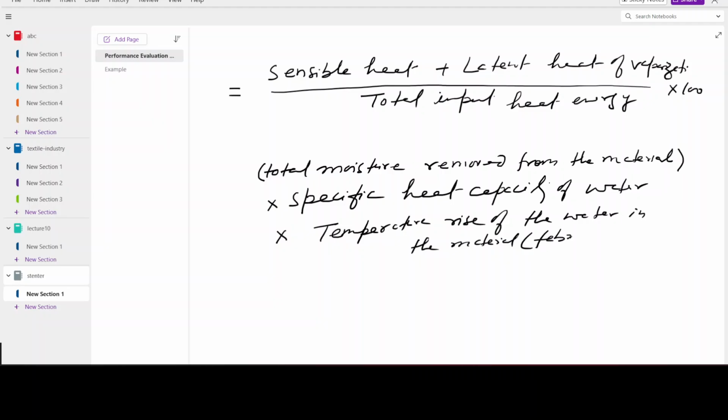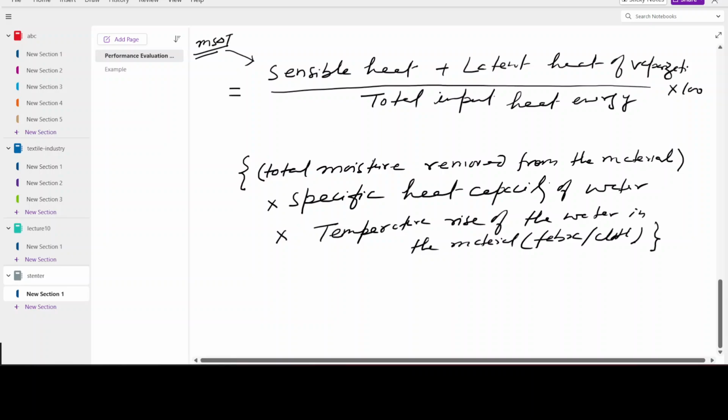It may be fabric or cloth. This first term is sensible heat. As we know, sensible heat is m s delta T. We have specifically written these terms to clearly define sensible heat here. And the next term is latent heat of vaporization.